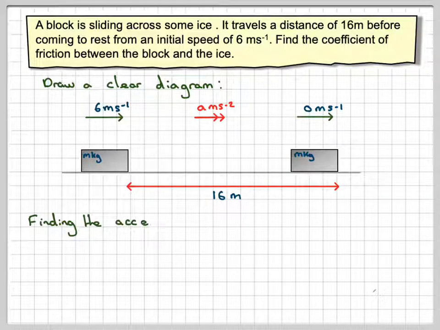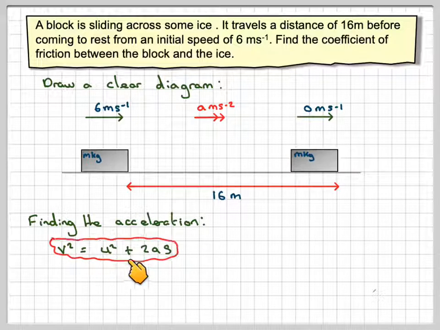So finding the acceleration, using the Suvat equation, v squared is equal to u squared plus 2as. So the initial velocity u is 6, the final velocity v is 0, and the displacement is 16 meters.